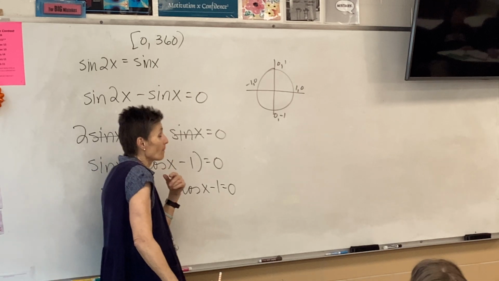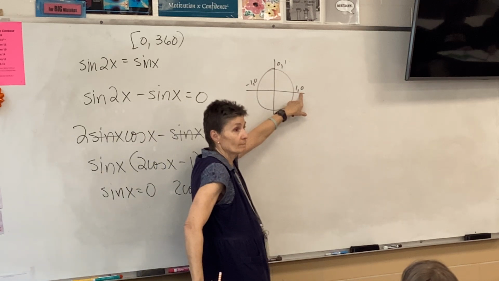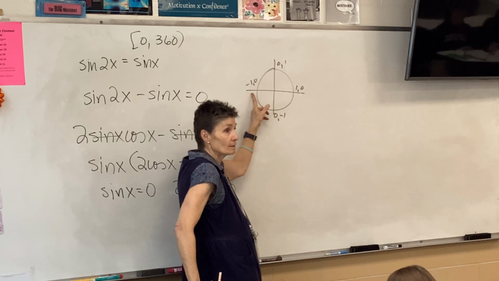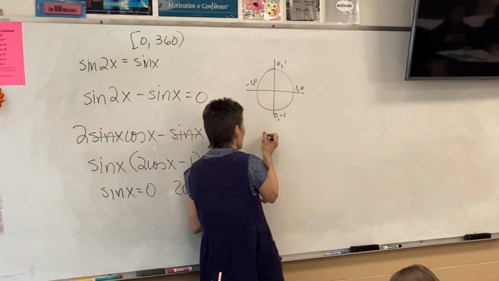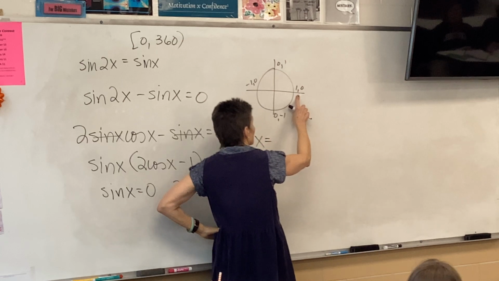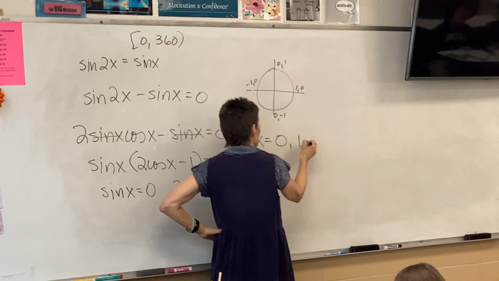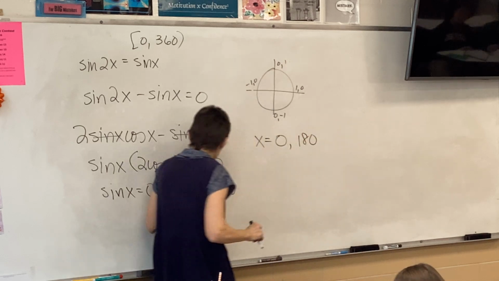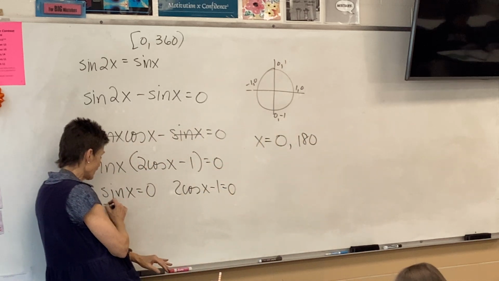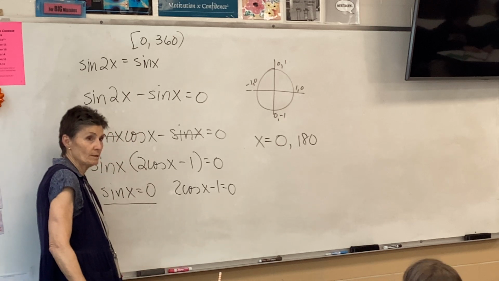Right here, the first one, and right here. So what angles are those? This is 0, and this is 180. So those are the answers to this part right here. Is everybody still on board? Yep.